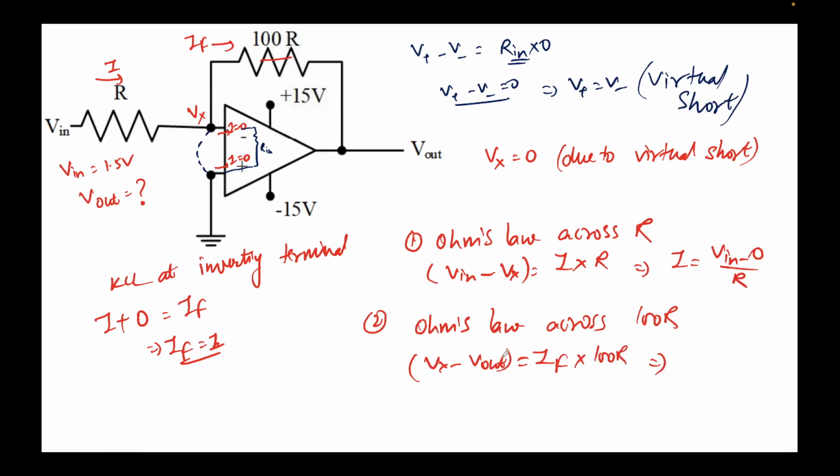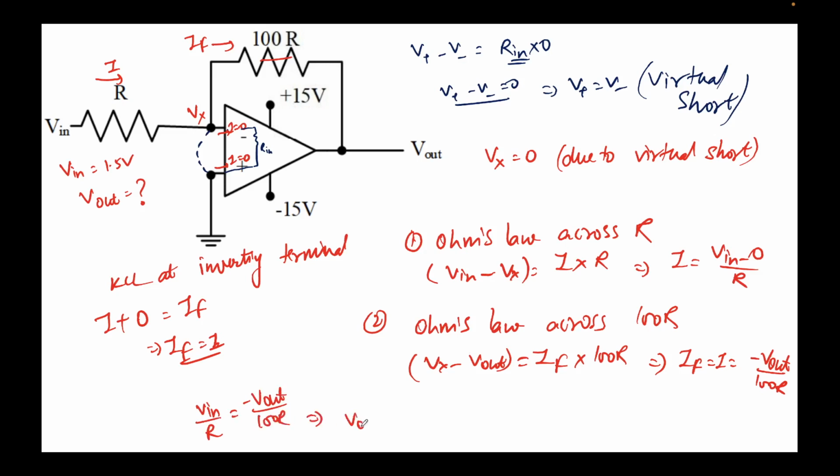Now Vx is 0 and IF equal to I. So I get I equal to minus V out upon 100R. Now I'll equate these two expressions: V in upon R equal to minus V out upon 100R.